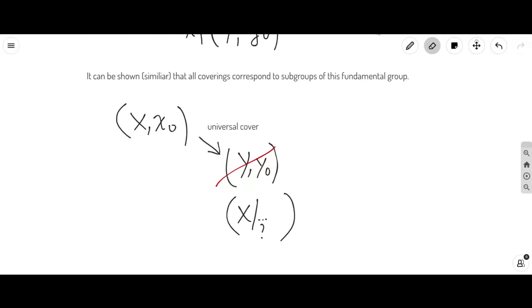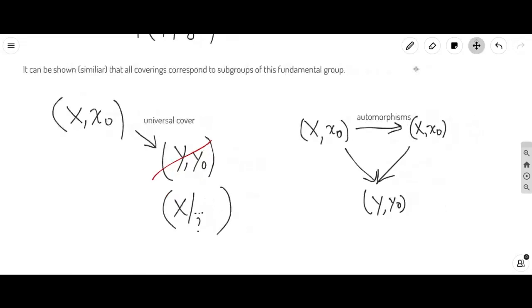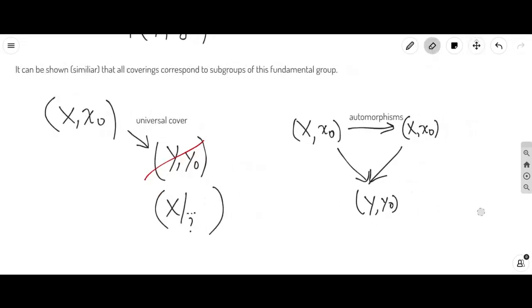We're not going to discuss it, but I'll just give you the simple answer. So you have the simply connected space, and you have this covering, and you're going to consider automorphisms from X to itself that make this diagram commute.